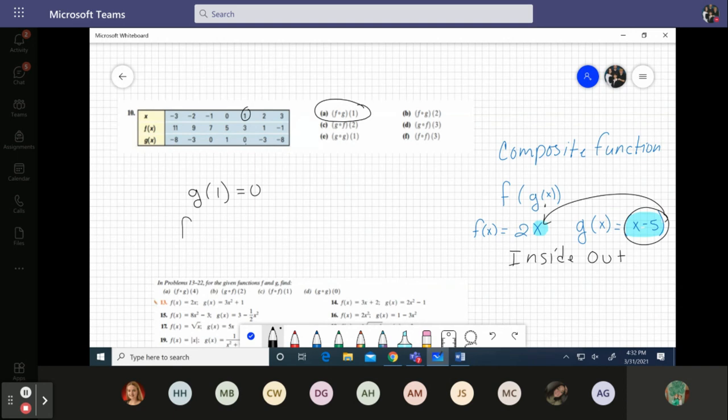So now I want f of g of 1. So where is x 0 at? Right here. F is 5. So f of g of 1 is going to equal 5. Does that make sense?